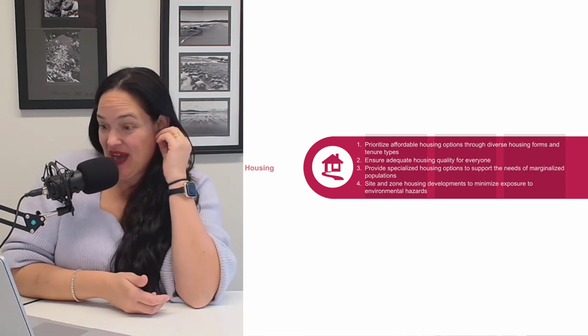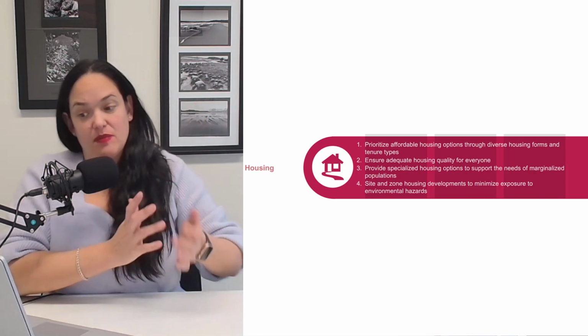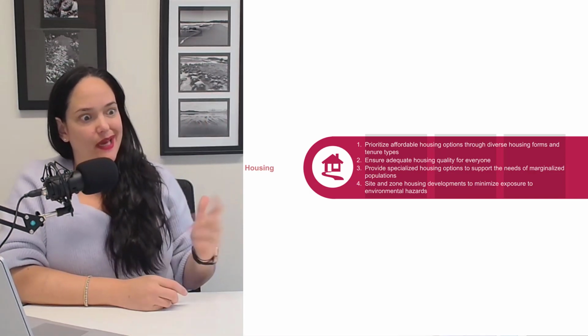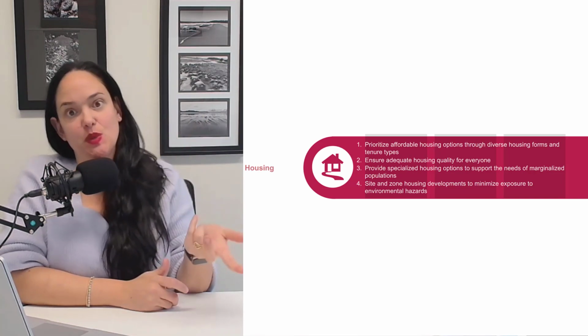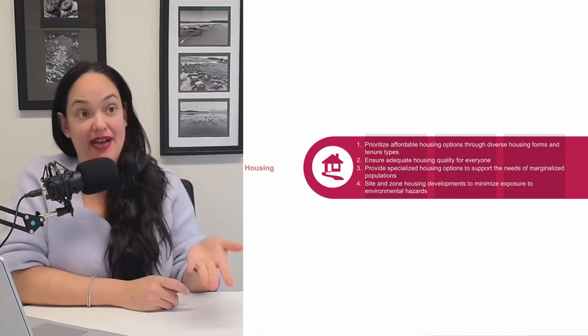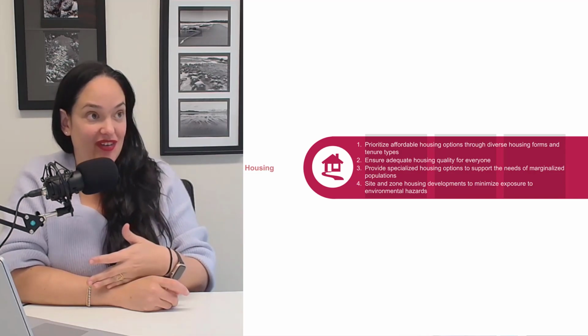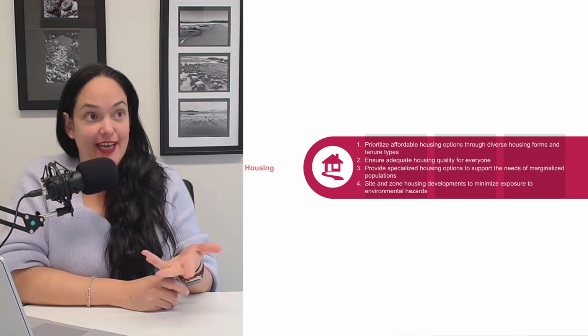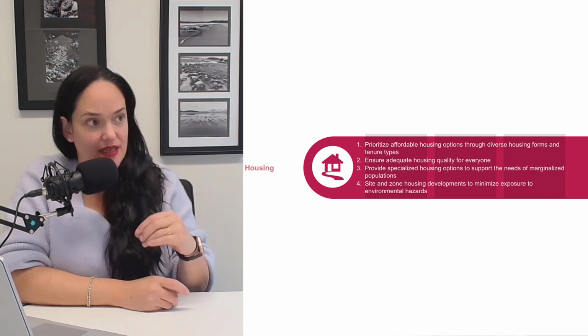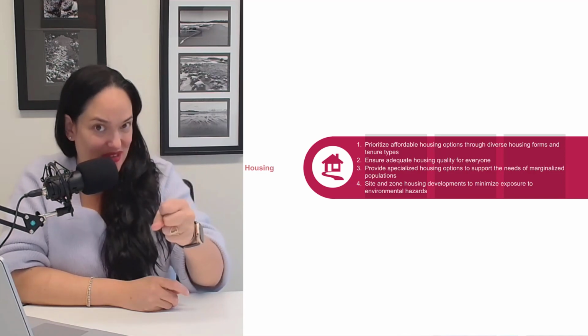Site and zone housing developments to minimize exposure to environmental hazards. So again, it's important to state that this healthy built environment toolkit is more aspirational than what's happening in practice. And I'm glad that they're acknowledging the fact that housing is part of health, right?